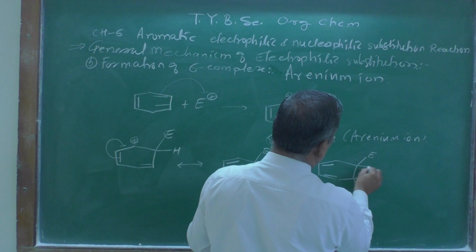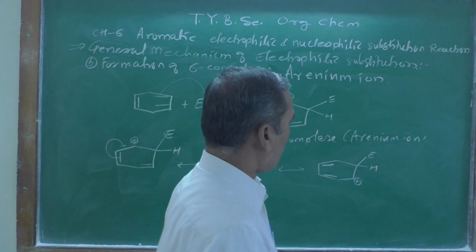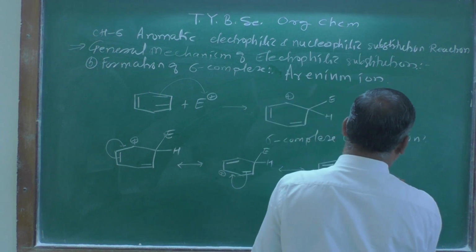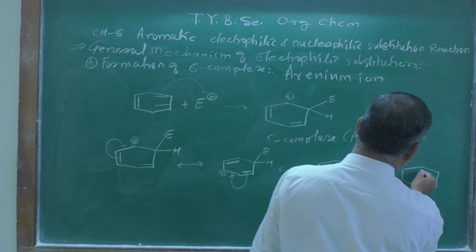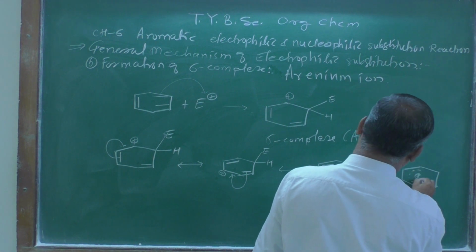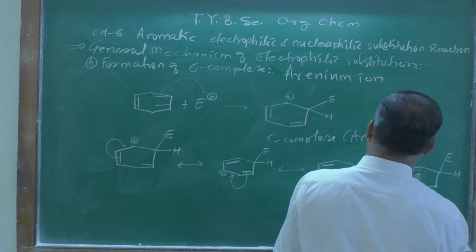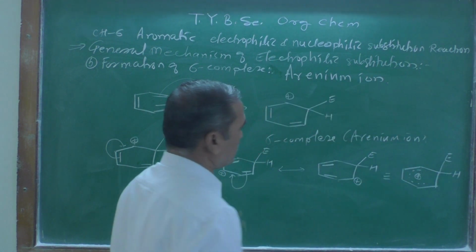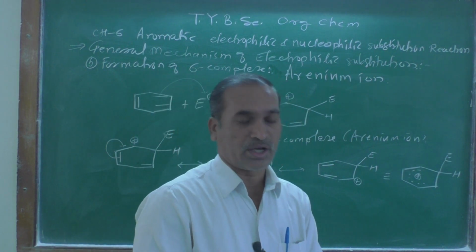This is the electrophile, and this is a hydrogen atom. Or we can write this structure like this: there is a positive charge, the electrophile, and that hydrogen atom. So this one is stabilized due to resonance.